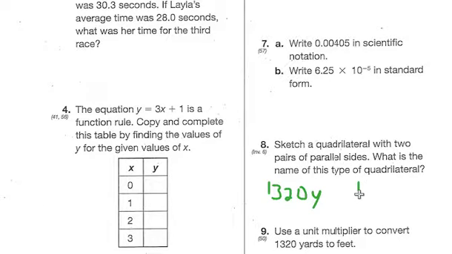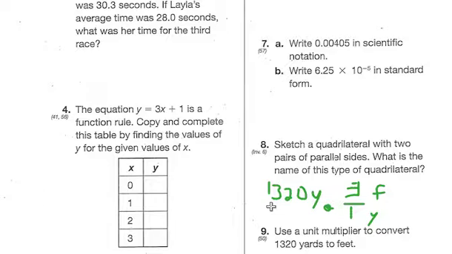Conversion ratio then is 3 feet, man that's ugly, equals 1 yard. So this is feet, this is yards, and then we're going to multiply it. So that's what a unit multiplier is. For every 3 feet we have 1 yard.